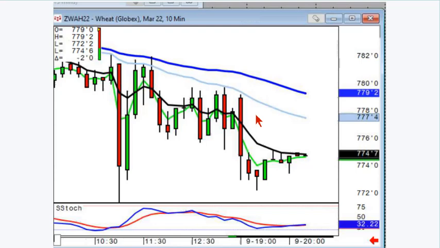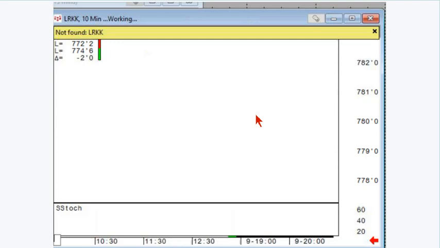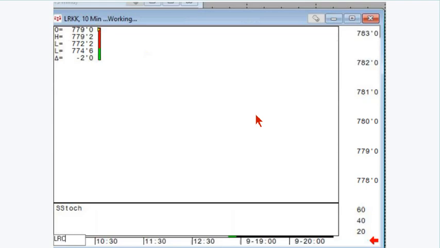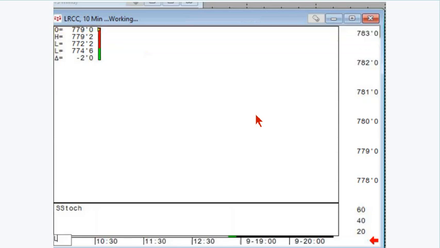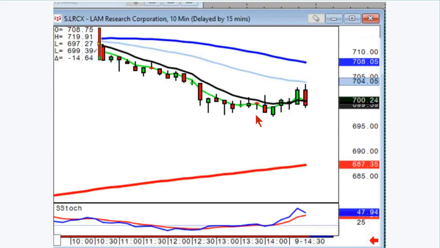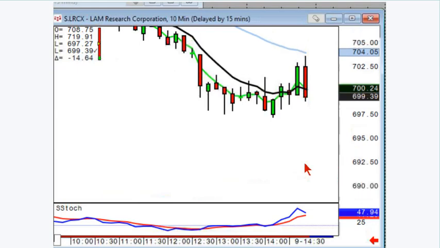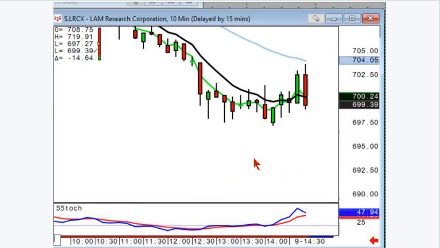Then the next day they gap it up and do a doji at or above the previous day's dark candle.